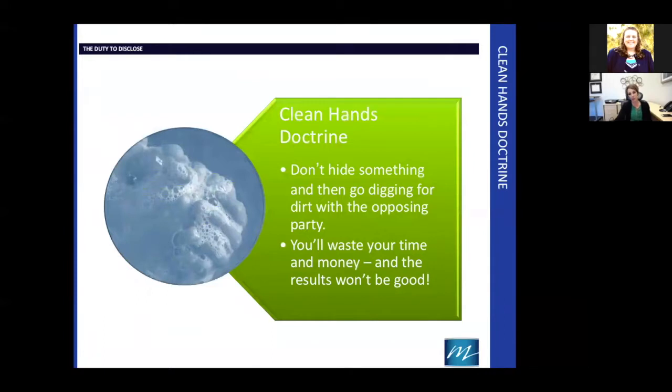I had a case once where we were pretty sure mom was hiding stuff. We had some good evidence that mom was hiding stuff. And we could show exactly how much income she was hiding. And it was substantial. It was going to make a big difference in the child support calculator. But then we got to court and she asked my client on the stand, isn't it true you got a raise 3 months ago and your affidavit of financial information is out of date and you make more money than this, so your child support numbers would be different?